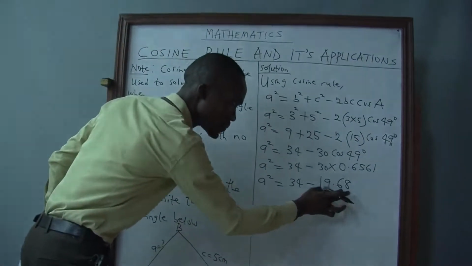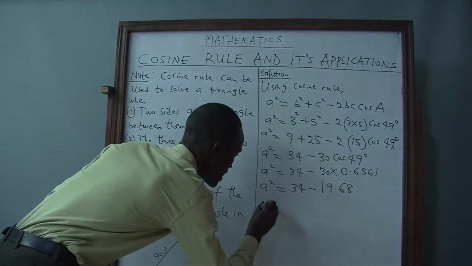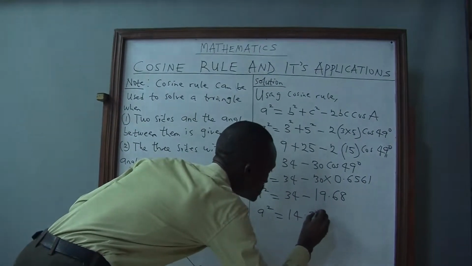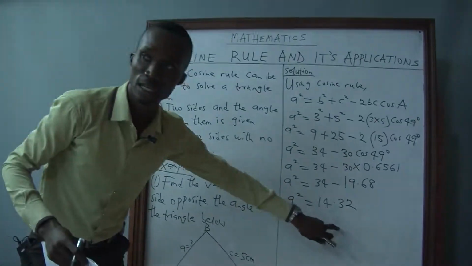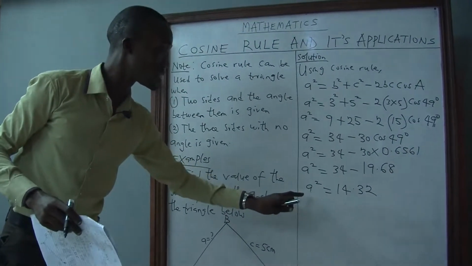So from this stage, we can now use the subtraction sign. Then we have a squared to be 14.32.